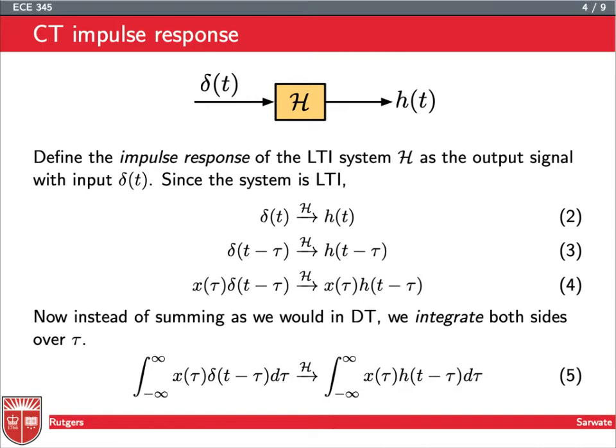The main trick we're going to do is to now integrate this thing over tau. So we're going to integrate x of tau delta of t minus tau d tau, from minus infinity to infinity.